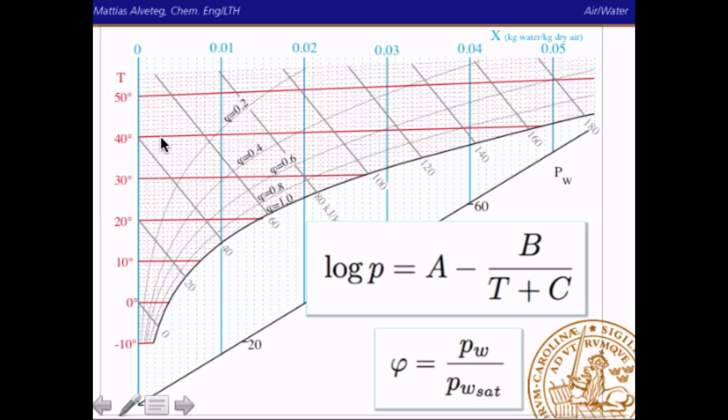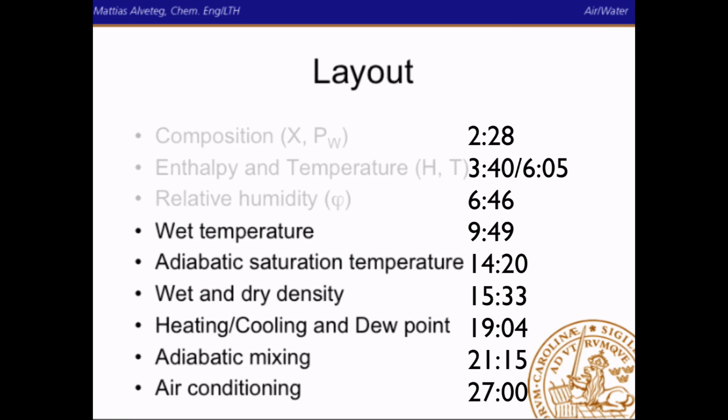That means, of course, also that if you have a moist air that is in equilibrium with water, and you know that the enthalpy is 40 kJ per kilogram, that means that it can't be 0.03 kilogram of water per kilogram of dry air, but that it must be something like 0.01 kilogram of water per kilogram of dry air.